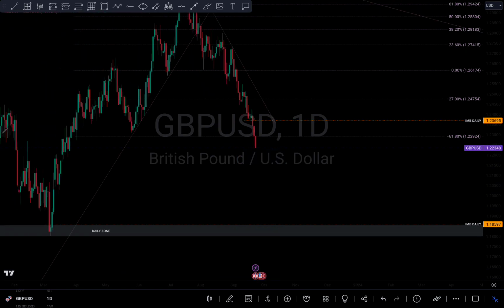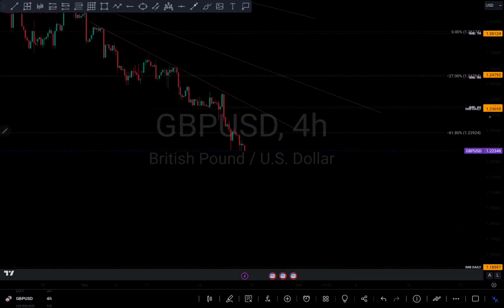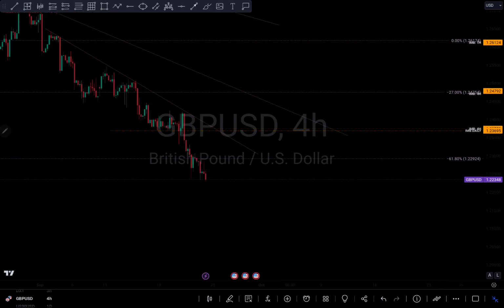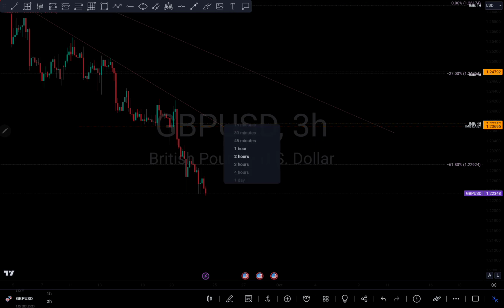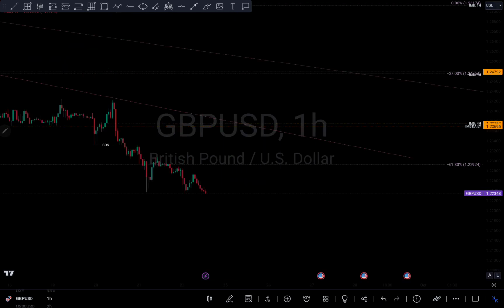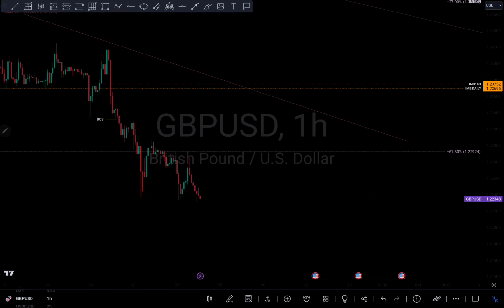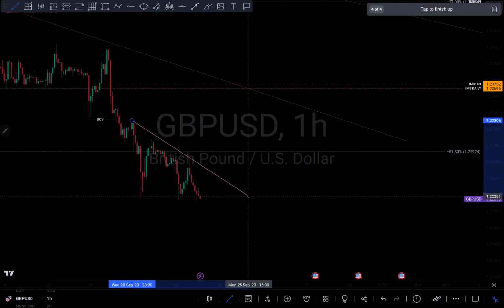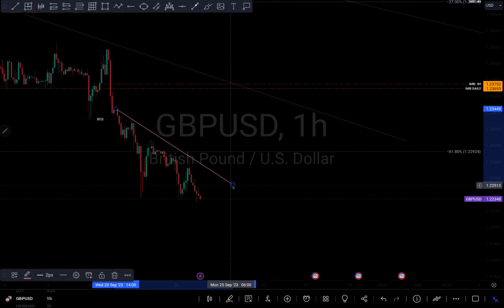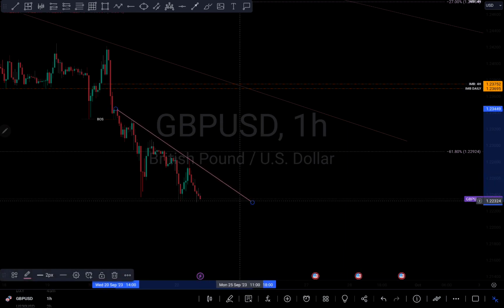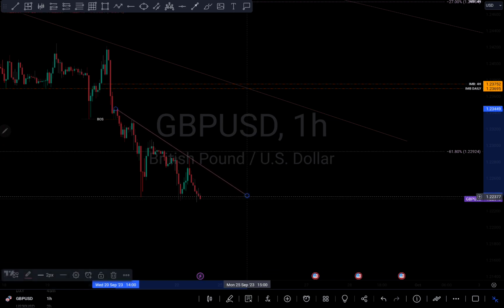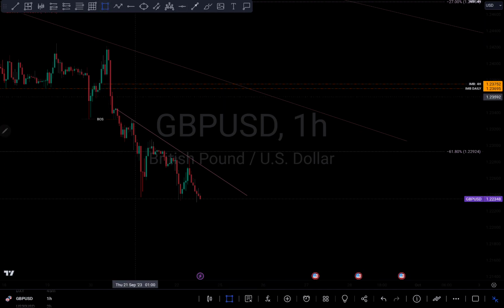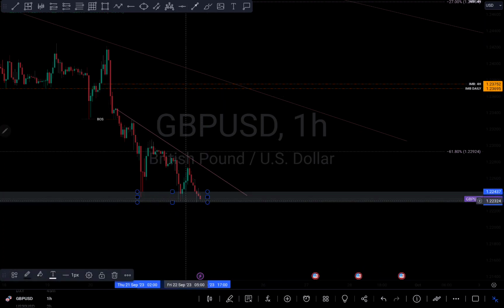I don't like predicting too much into the future, so let's go to a smaller time frame just to see what we are looking at. There you go. This is not giving me much to work with. Let me see if I can draw a touch here, and I can also draw a short zone here.